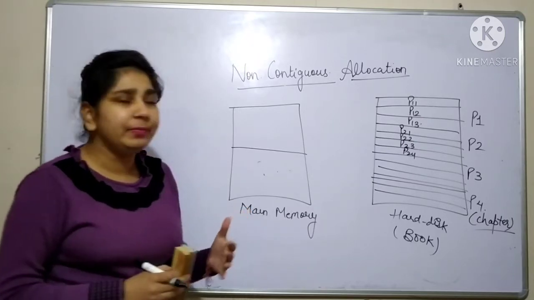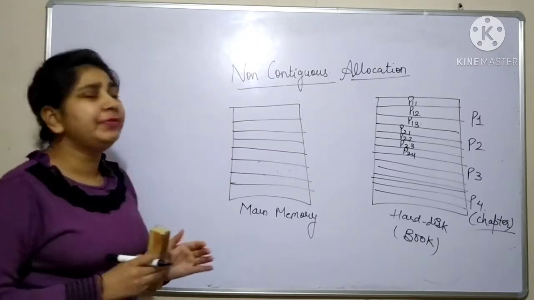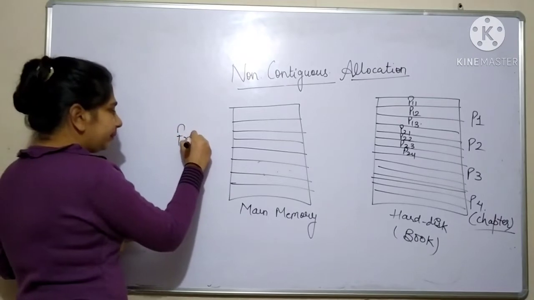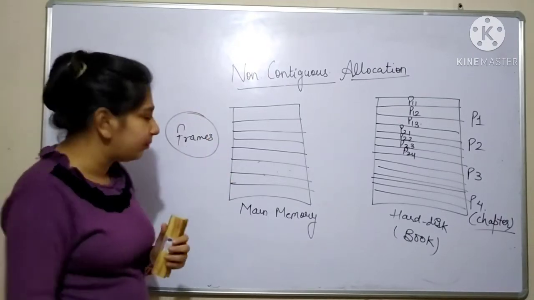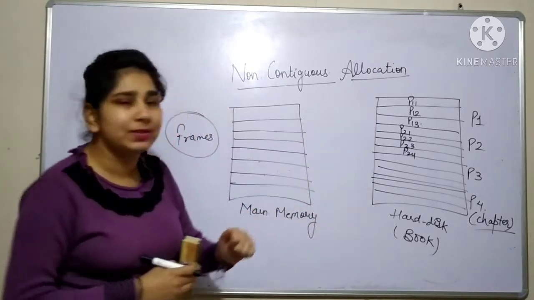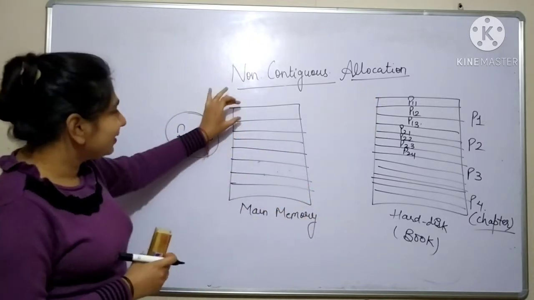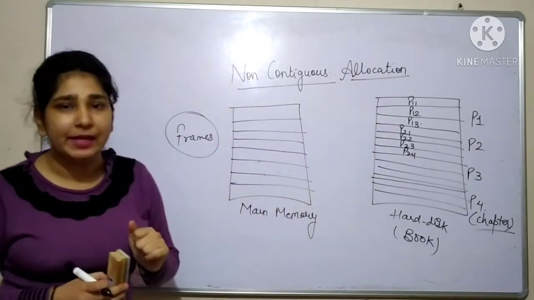So in non-contiguous allocation, I have divided my main memory into frames, and I have divided my processes into pages. The size of one frame is equal to the size of one page.